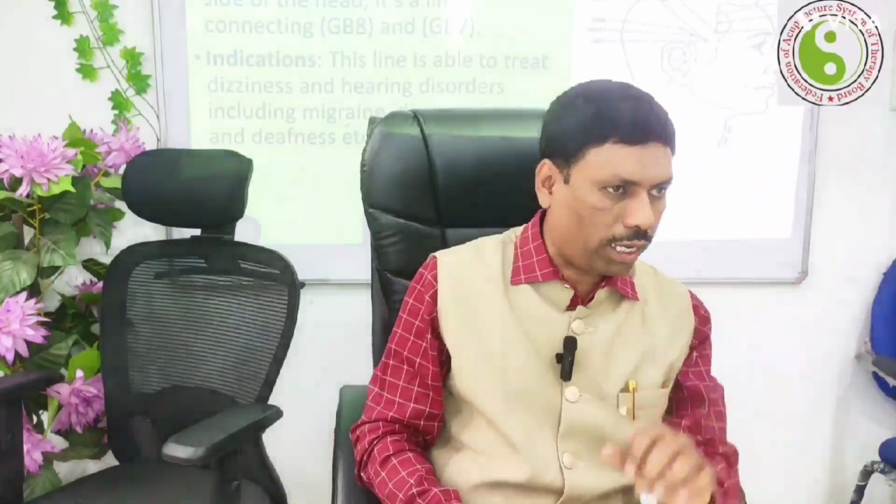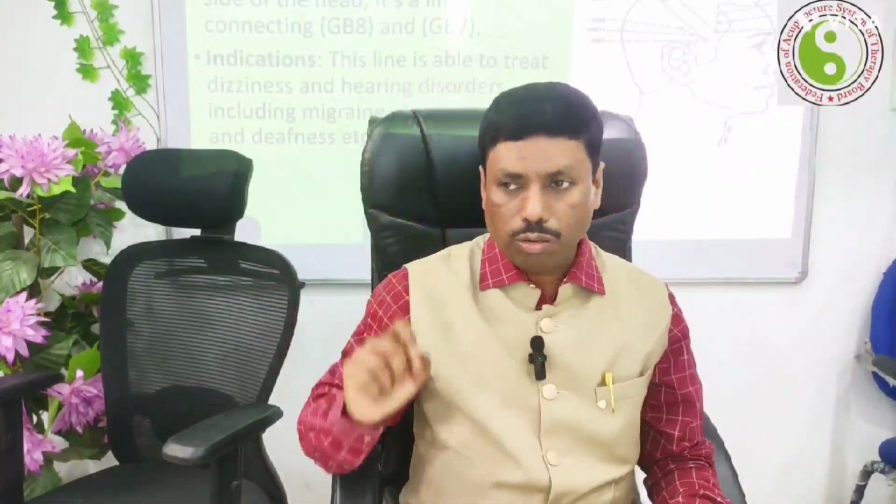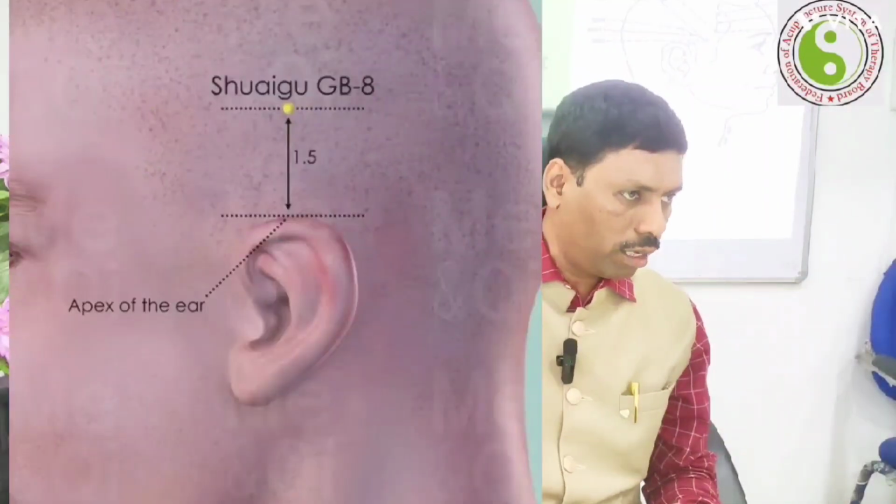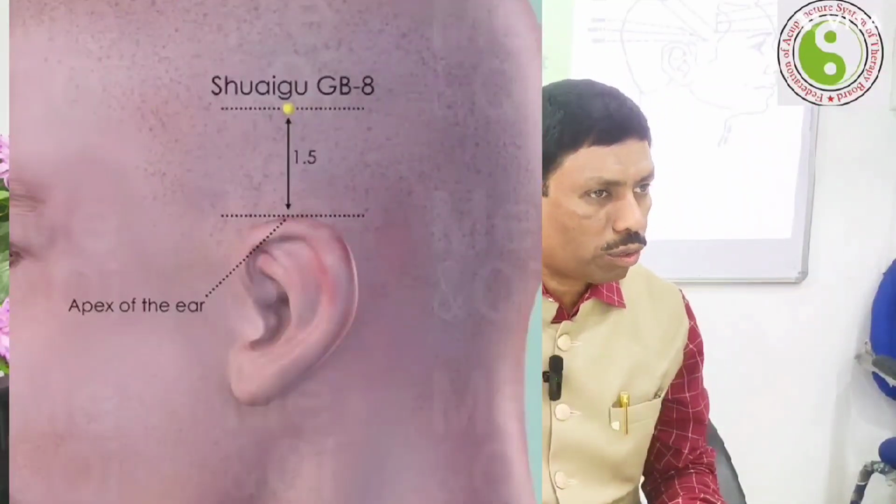That is to be activated. Now the posterior temporal line. The posterior temporal line is known as Qubin and then Shuaigu. Where is gallbladder 7 and then gallbladder 8? Where is the gallbladder 8 point located? 1.5 chun, not centimeter. 1.5 chun proximal to the apex of the ear in the temporal region.